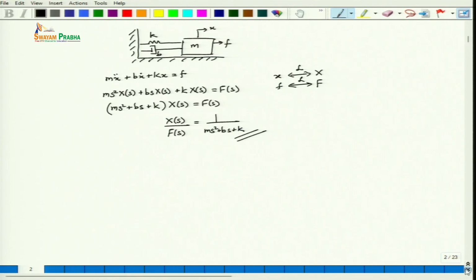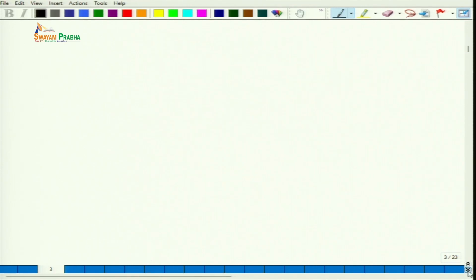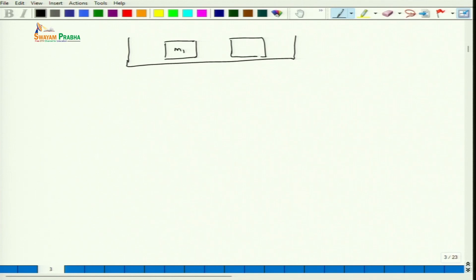Now let us consider another example. Here we now consider two masses m1, m2. The position of the first mass is x, the other one is y.